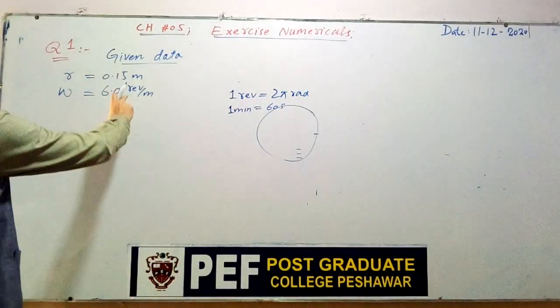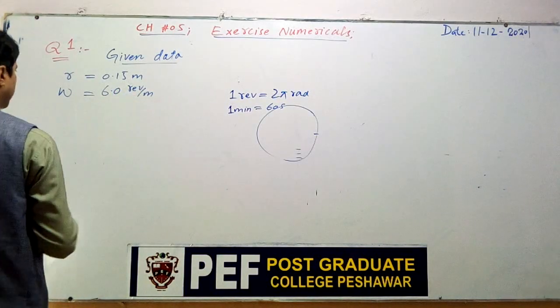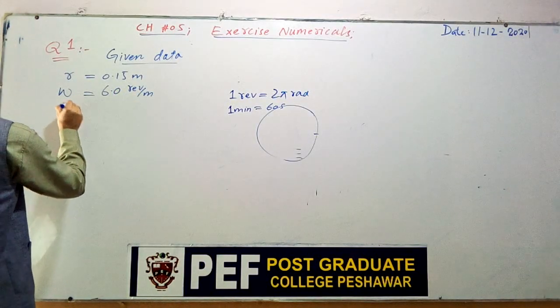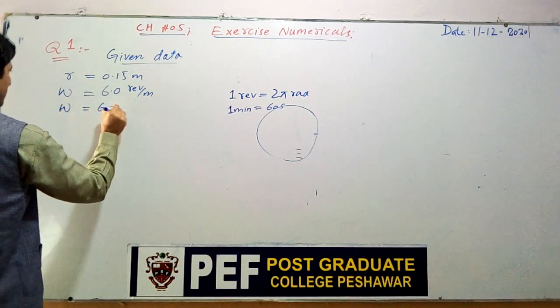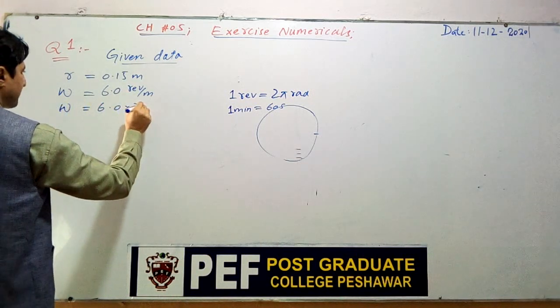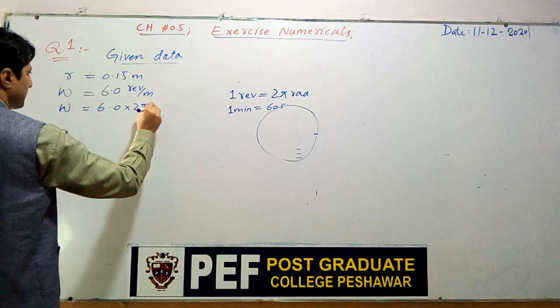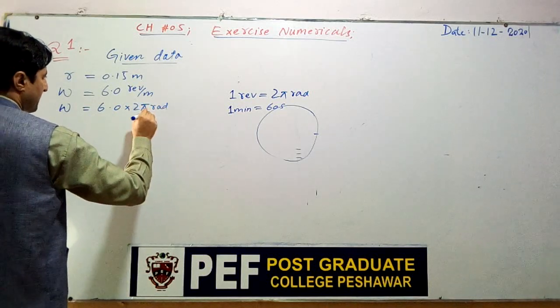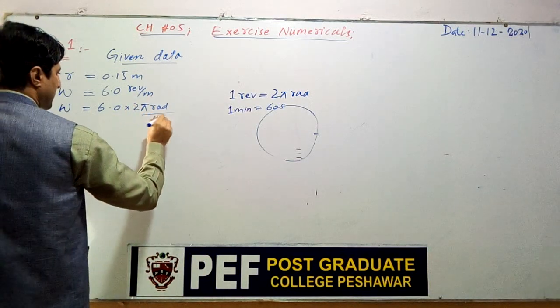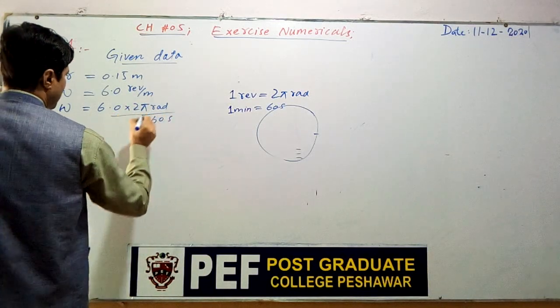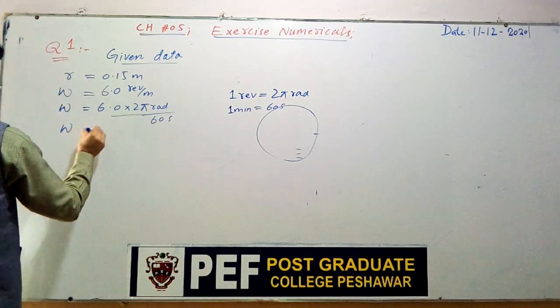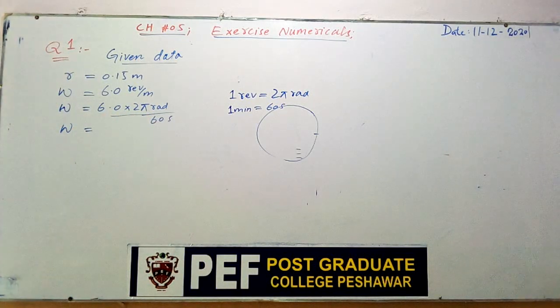So we replace revolution per minute by radian per second: omega is equal to 6.0 multiplied by 2 pi radian divided by 60 seconds. By performing this calculation, omega is equal to 6 multiplied by 2 pi divided by 60.